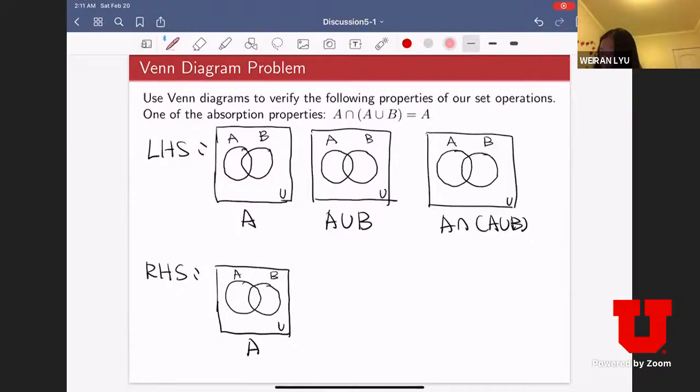All right, so the Venn diagram for just set A itself should be pretty simple. You just shade the A set itself.